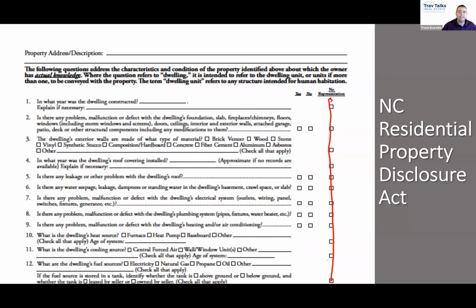Everybody okay with that? That is the Residential Property Disclosure Statement Act in North Carolina. And that's it. Did you say what RPOADS means? What's that an acronym for? Residential Property and Owners Association Disclosure Statement. Gotcha. Okay, thank you.